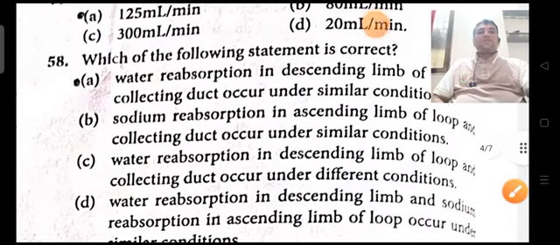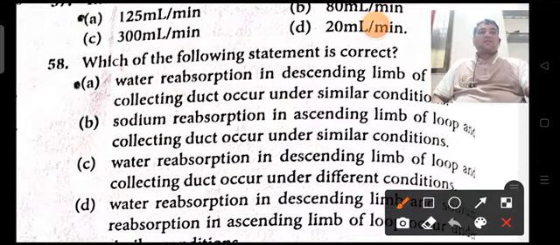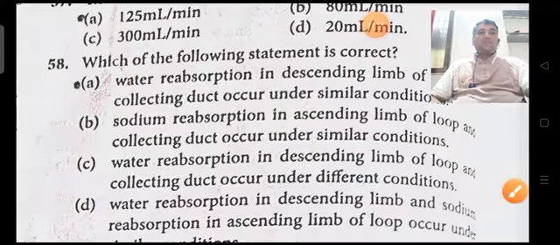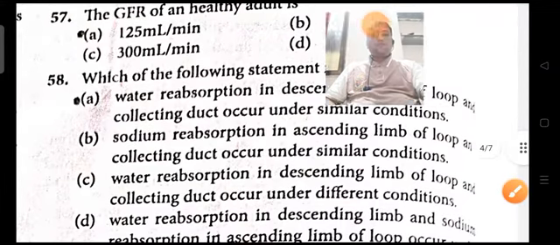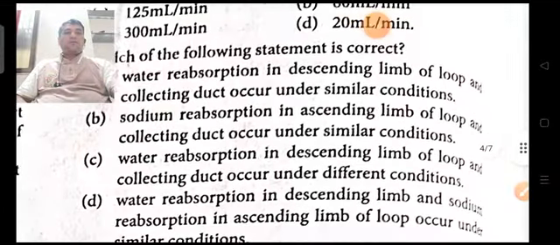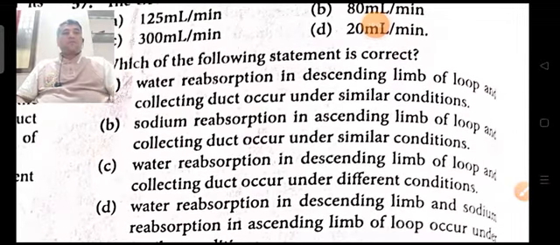Next, which of the following statements is correct? Water reabsorption from the descending limb of loop of Henle and collecting duct occur under similar conditions. Sodium reabsorption in the ascending limb of loop of Henle and collecting duct occur under similar conditions.